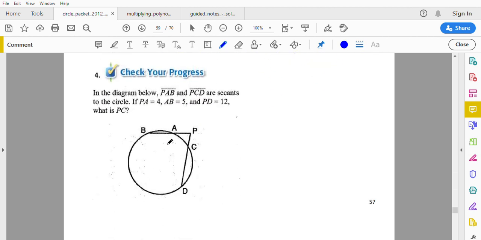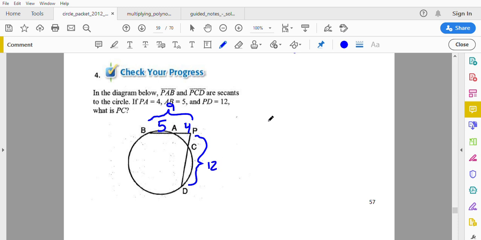Okay, so they said in the diagram below, PAB and PCD are secants. PA is equal to 4. AB is equal to 5, which means, all right, I know you guys are good at addition, 4 plus 5 is 9. So 5 is not occurring anywhere in your equation. It's going to be 9 times 4. PD, they told you, was 12.